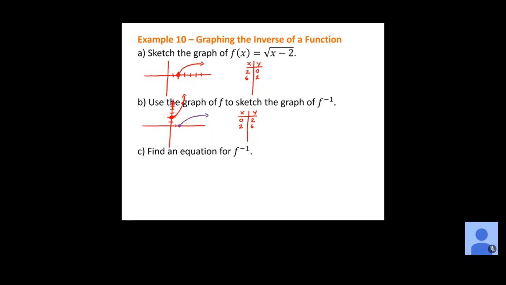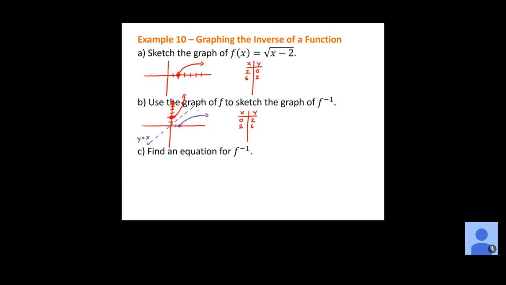So if you had to describe to somebody the relationship between those two, other than the x's and y's, they're reflected over the line y equals x. If I were to draw in a line with a slope of 1 that goes through the origin right here, this line would be y equals x, because that would have a slope of 1, y-intercept of 0.